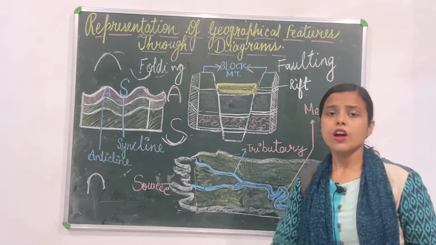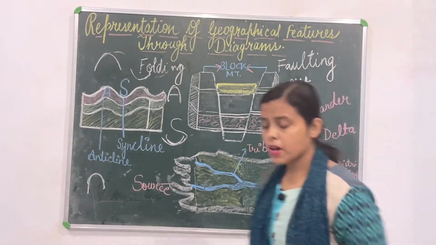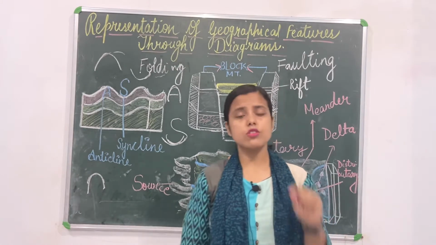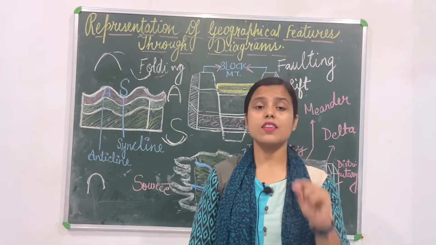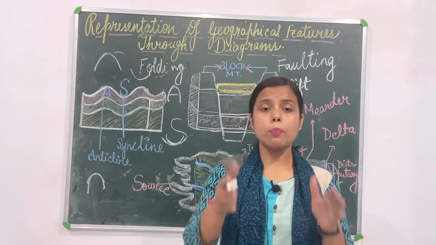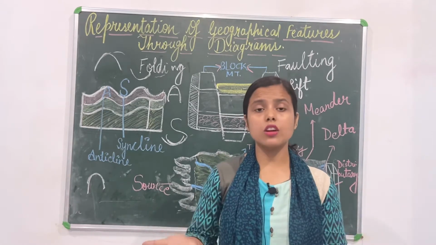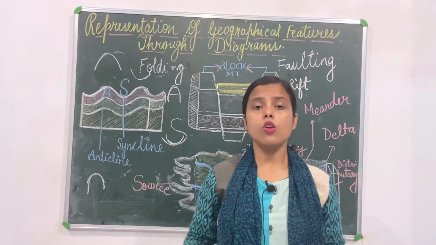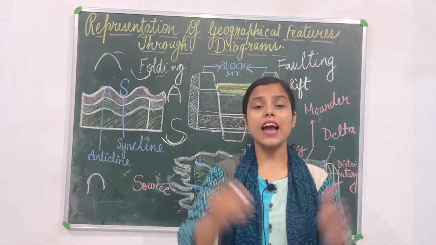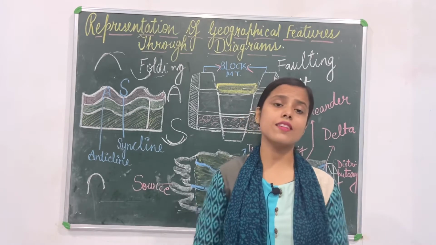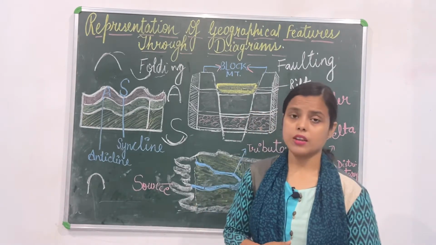It is rift valley. So always remember, block mountain is caused due to faulting of the earth crust. A crack develops, and the part which goes down makes the other two parts look raised up, and these two raised up parts on either side are known as block mountain.